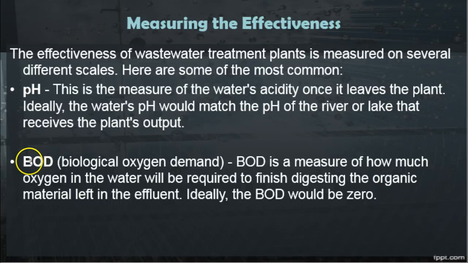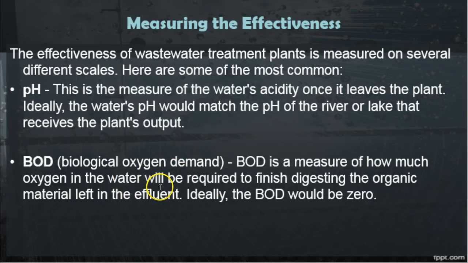The next one is called BOD, which is biological oxygen demand. That is basically how much oxygen needs to be in the water so that the organisms that naturally live in the water can get rid of all the organic material. You don't want a very high biological oxygen demand because you don't want it to take a lot of oxygen to break down what's left.